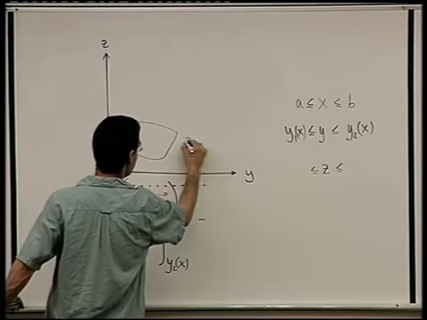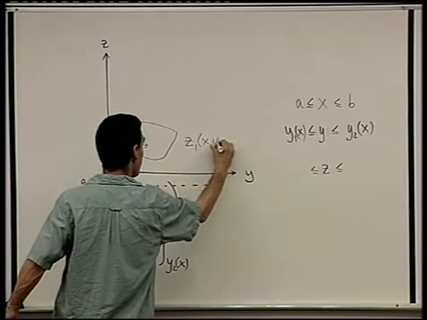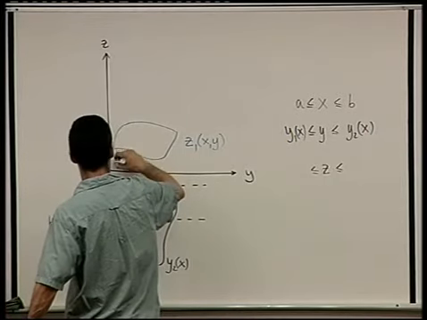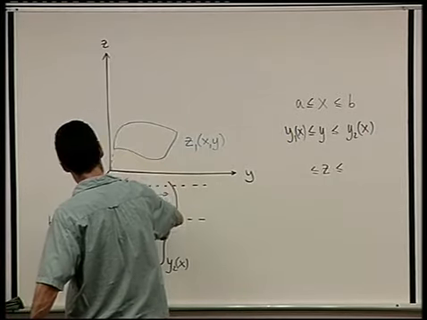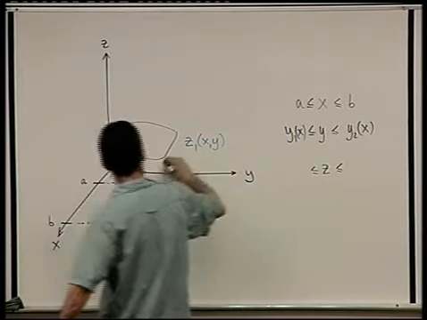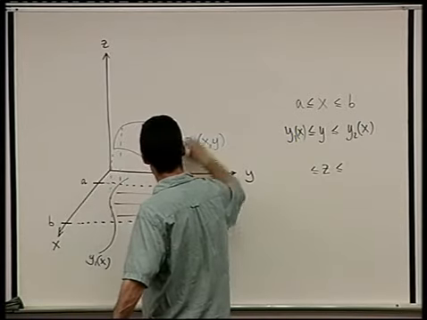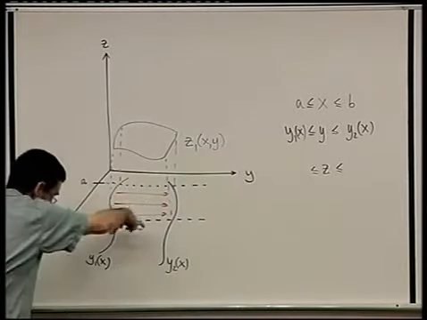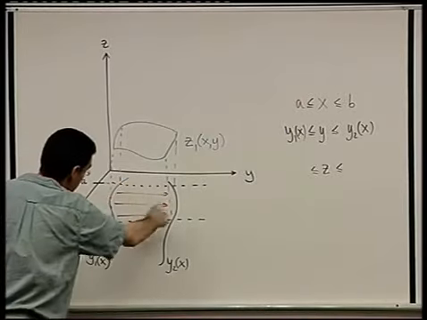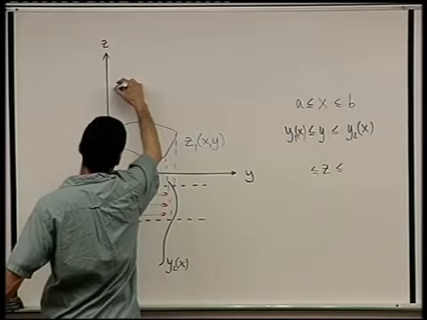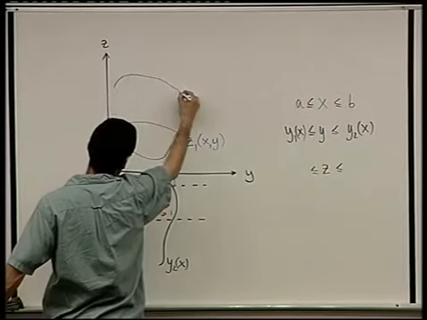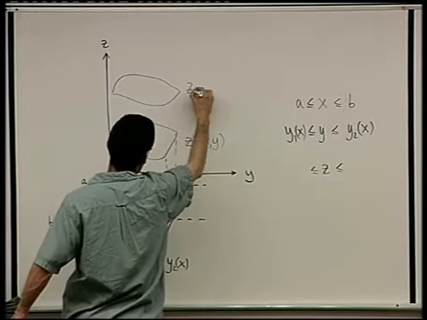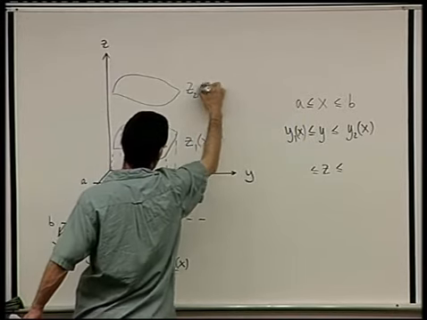This is going to be z1 of x and y, which is tricky to draw. You're going to have to use your imagination. So this is the graph of z1, which lives above this domain here. This is the domain. And then there's the graph of another function up here. This is z2 of x, y.